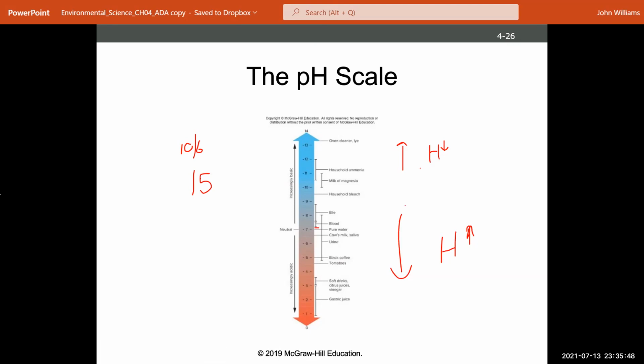All right, hopefully you got 100, right? Because we've moved 1 unit on the pH scale. And remember, we are increasing in hydrogen concentration because we are going down in pH. So that would increase by 10-fold because it's 1 unit.